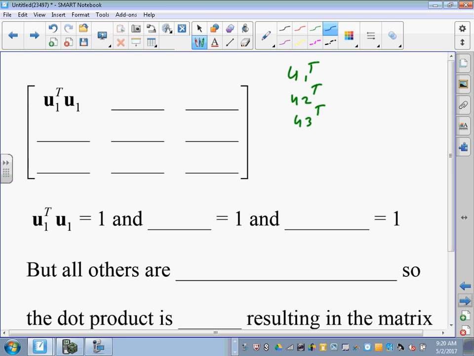Those are vectors still, but we transpose them. So which direction is U1 going? I was actually writing it not correctly, but they're going to be going across, right? Are we good?